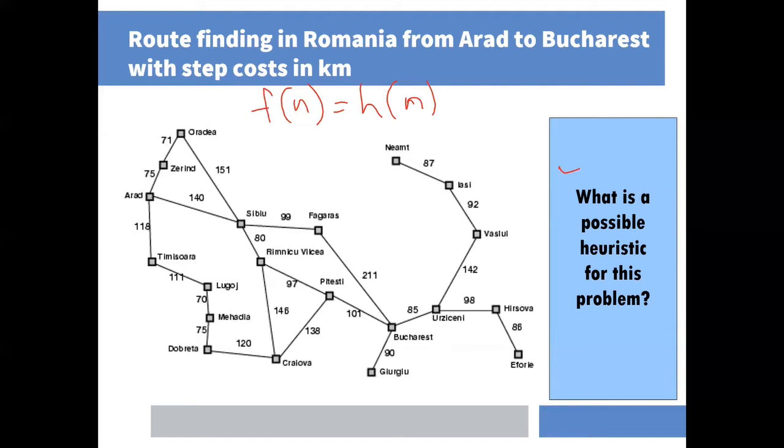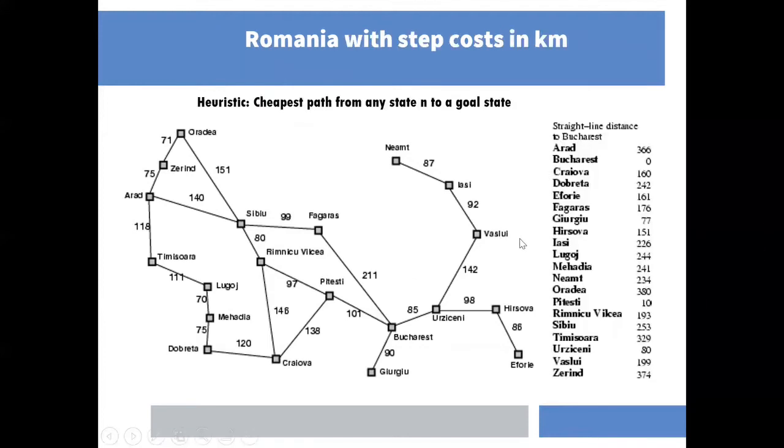Here, the heuristic is the cheapest path from any state n to a goal state. That can be estimated by the straight line distance from a city to Bucharest, which is on the table at the right part of the slide.